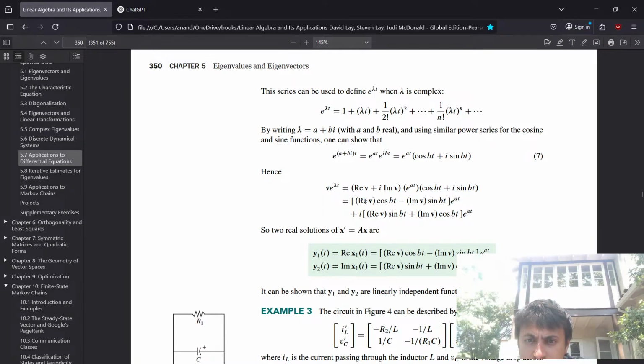They say this is equal to the real part of v cos bt minus the imaginary part of v sine bt, plus i times the real part of v sine bt plus the imaginary part of v cos bt. Okay.